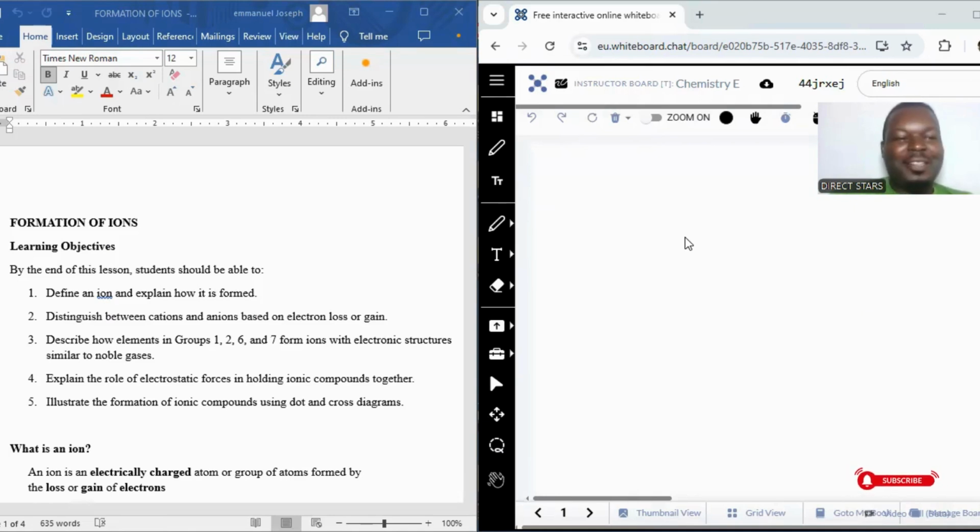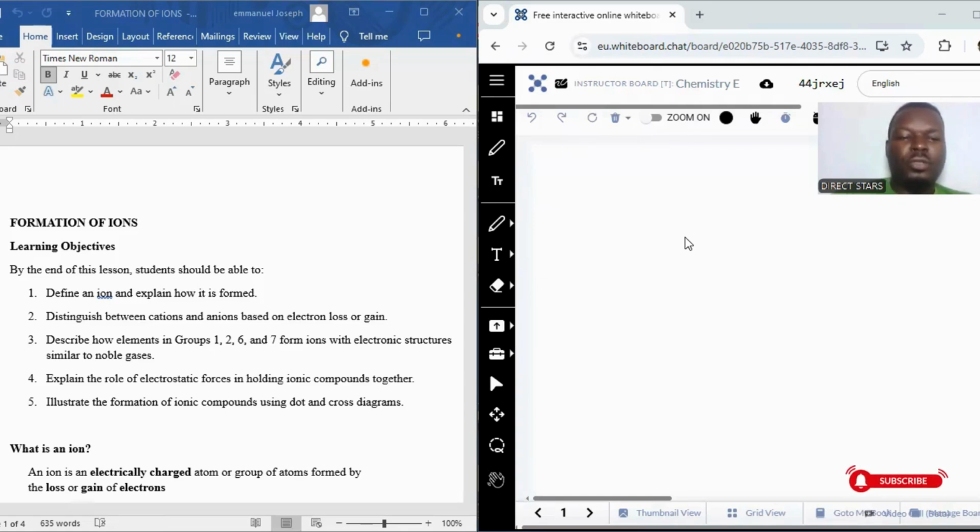Today we'll be looking at formation of ions. The objectives we'll set to achieve will be to be able to define an ion and explain how an ion is formed. We'll also be able to distinguish between cations and anions based on electron loss or gain.